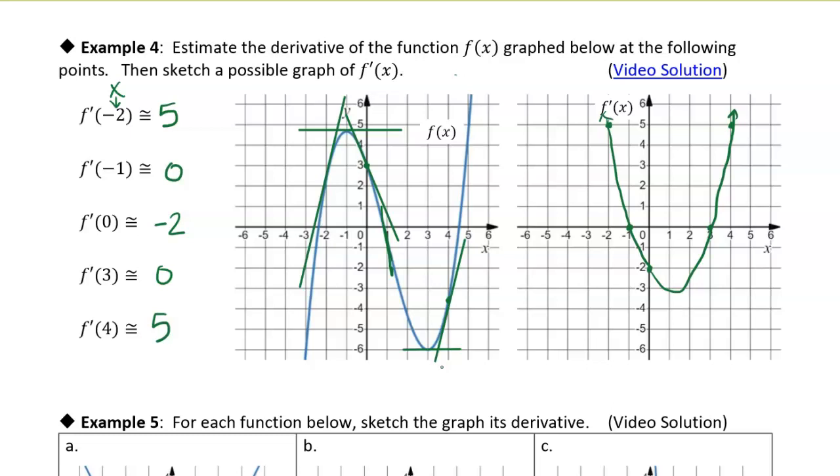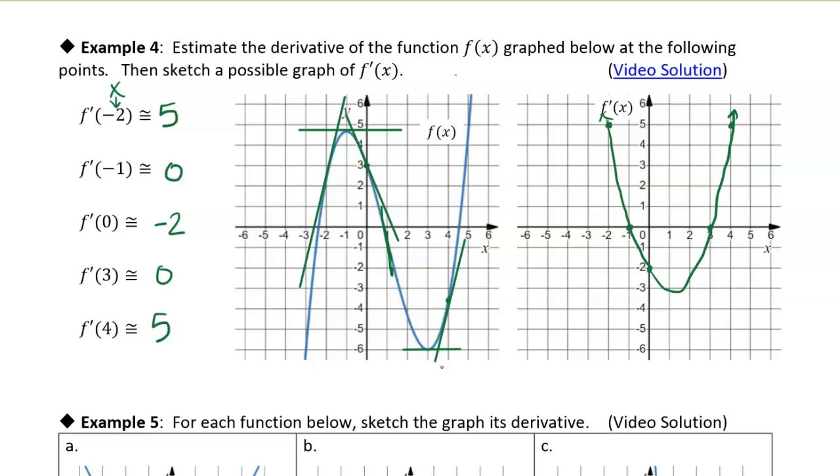And you can see that the value of the derivative is positive wherever the function is increasing. And the value of the derivative is negative wherever the function is decreasing. And then it's equal to 0 wherever we have that horizontal tangent, where in this case it's changing direction.